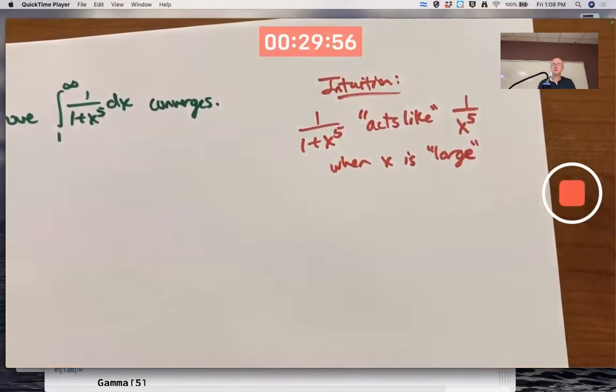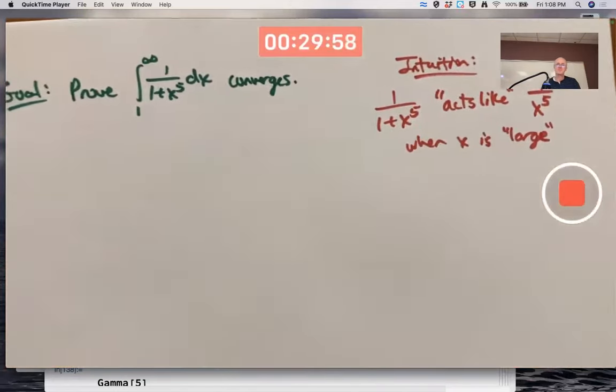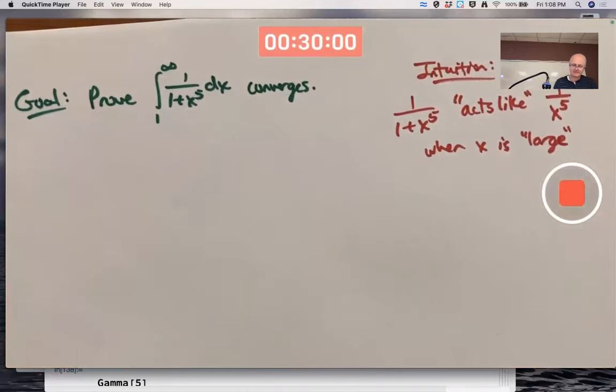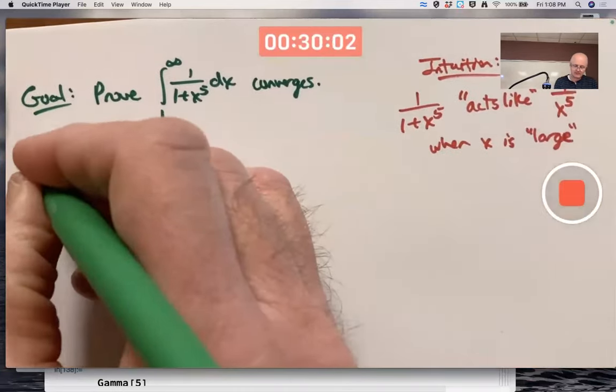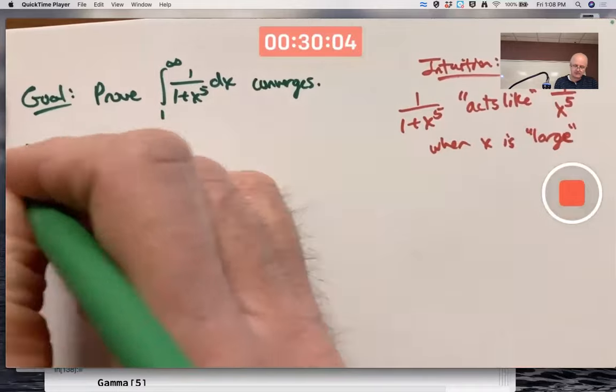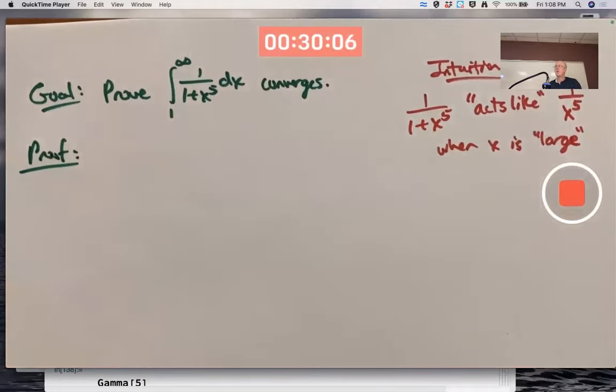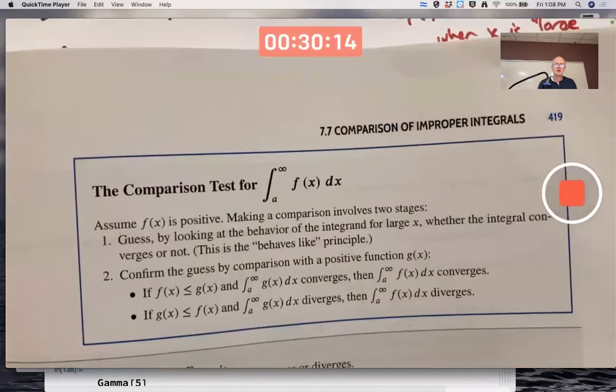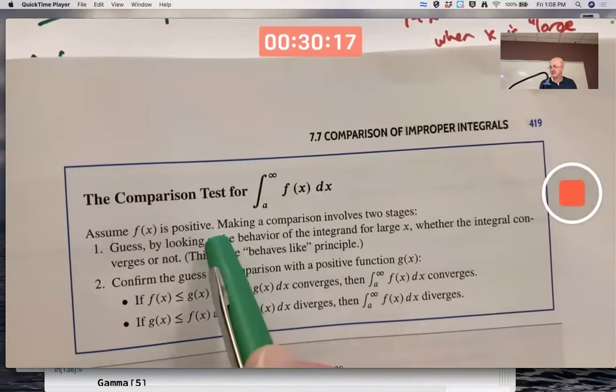More precisely, though, to do the proof, we don't want to use approximately equal to symbols because those are vague. We want to use inequalities. I should first confirm f is positive.